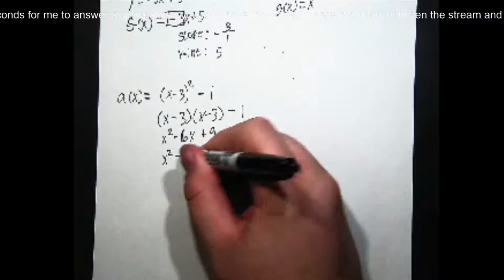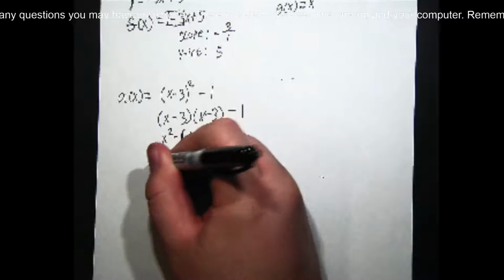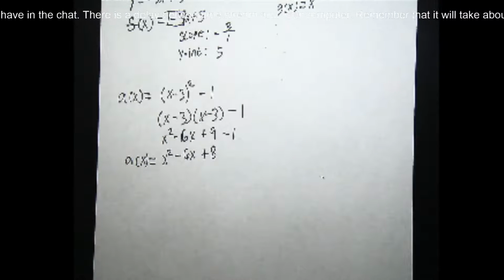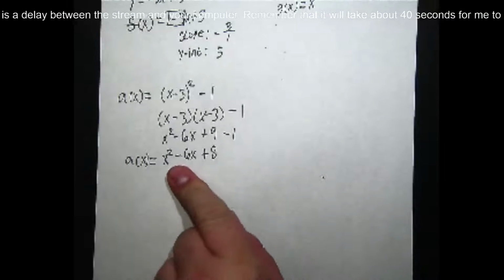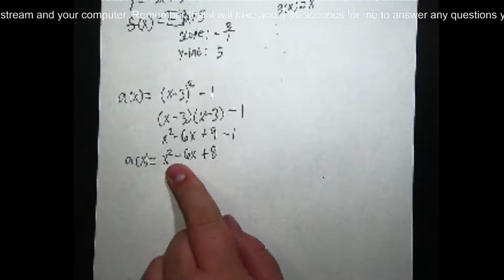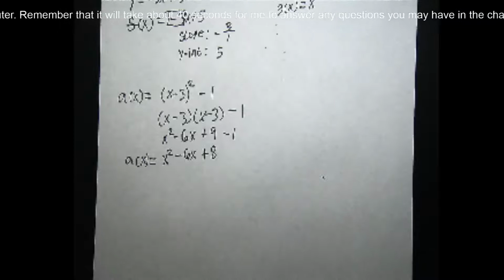Simplify the 9 minus 1, and we get x squared minus 6x plus 8. So yeah, indeed, if we look at this, now we can see, hey, one of these things is not power 1 anymore, it's squared. So this is no longer linear.